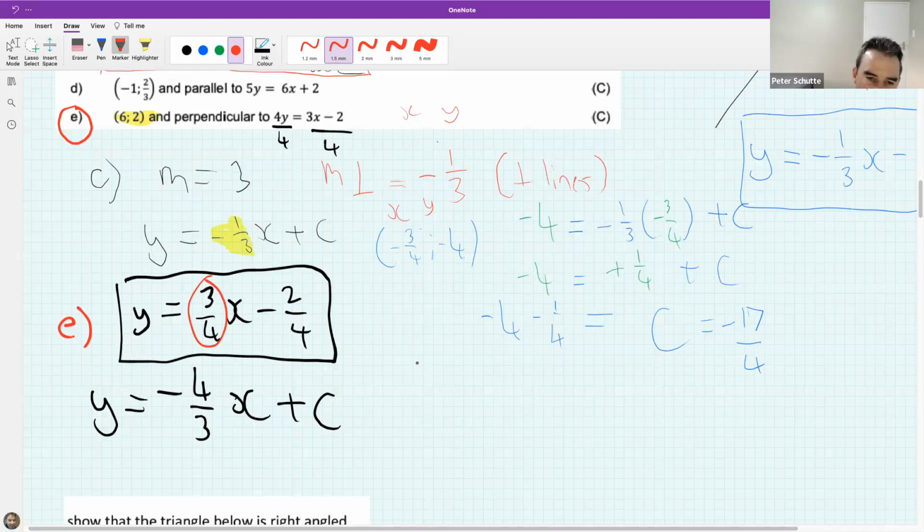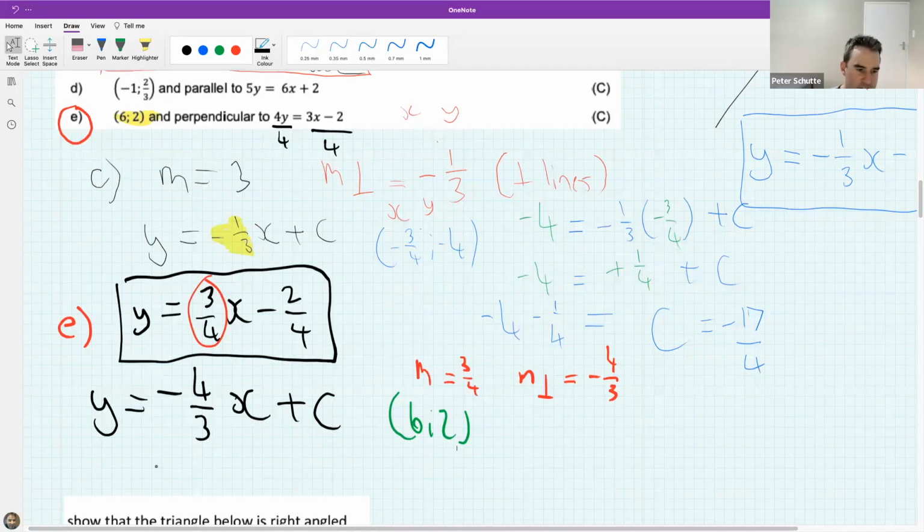So if the original line's gradient was 3 over 4, we know the perpendicular line must be minus 4 over 3. That's what we've been learning about today. And then we're going to use the point 6, 2, because that's the point that's going to help us figure out what C is.